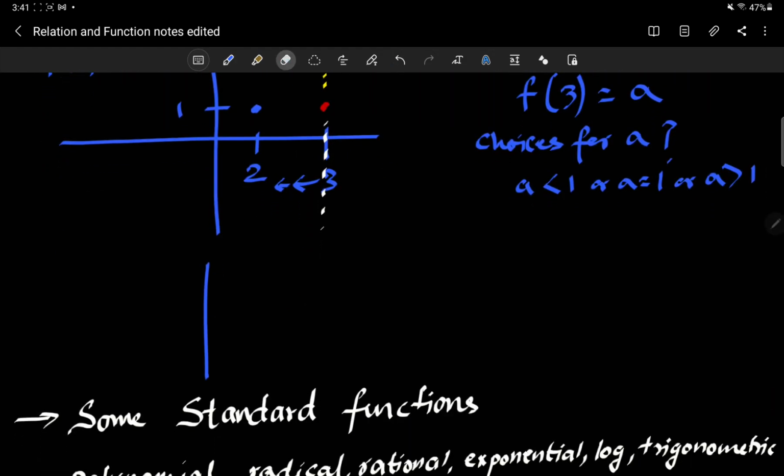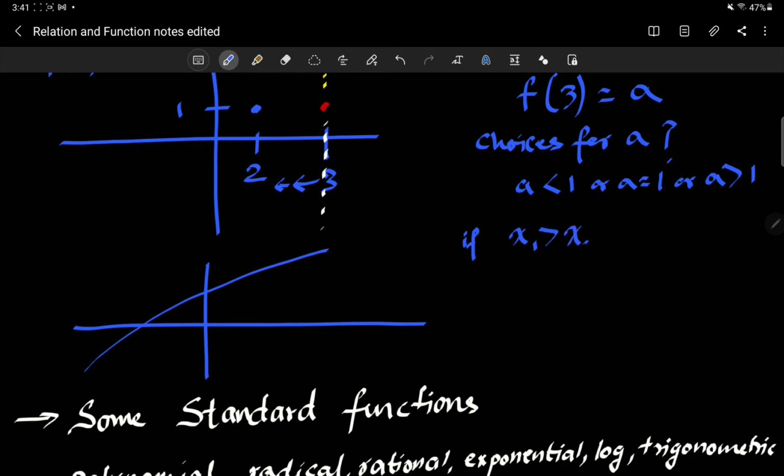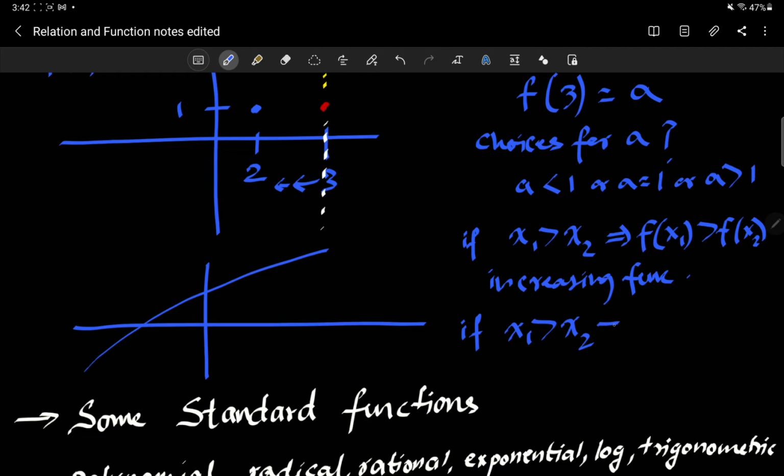Namely, if x1 greater than x2 implies f(x1) greater than f(x2), it's called an increasing function. If x1 greater than x2 implies that f(x1) less than f(x2), then it's a decreasing function.